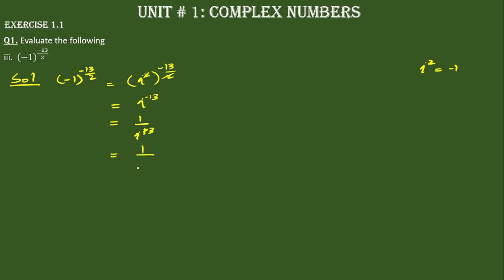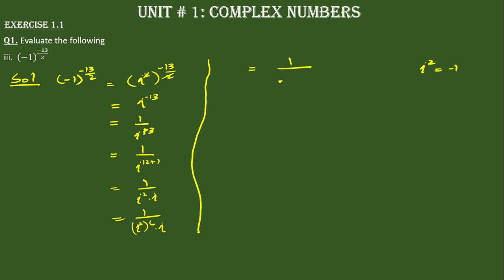Now writing this 13 with the multiples of 2, this can be written like this: iota raised to power 12 plus 1, and this is equal to 1 over iota raised to power 12 into iota, and iota raised to power 12 can be written like this: iota raised to power 2 into 6 and then iota. So iota raised to power 2 is equal to -1, so this can be written like this: 1 divided by -1 raised to the power 6 into iota, and -1 raised to power 6, 6 is an even number, so this is going to be positive, and we get 1 over iota.